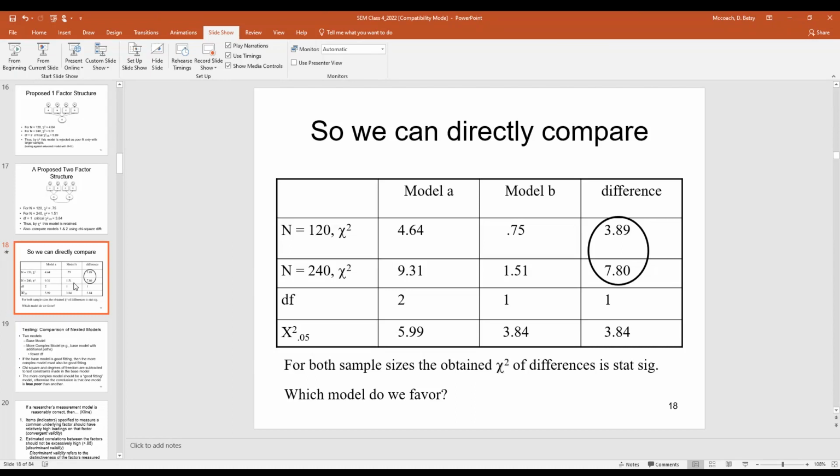So the chi-squares are essentially not that different from each other. And when the chi-squares are close enough, then we're always going to favor the more parsimonious model. It's like Occam's razor, right? So when the chi-square difference test isn't statistically significant, we're always going to favor the simpler model.